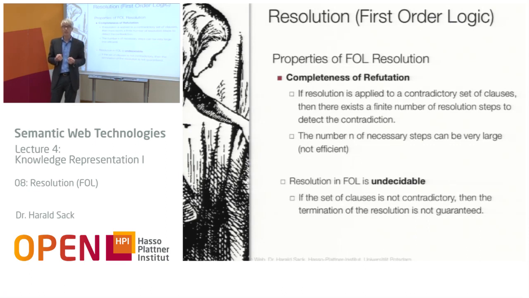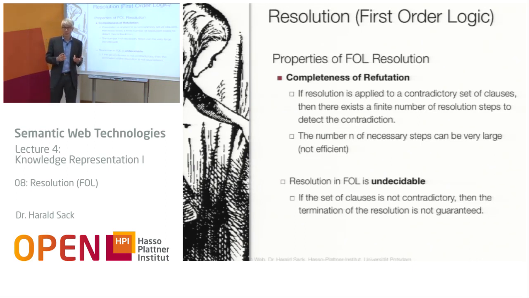So therefore, resolution for first-order logic is undecidable. But on the other hand, and this for working in practice is pretty convenient, whenever there is a contradiction, you are able to prove it. And this, of course, is what we want. So, this is one method to automatically prove these entailments, and that entailments are true.